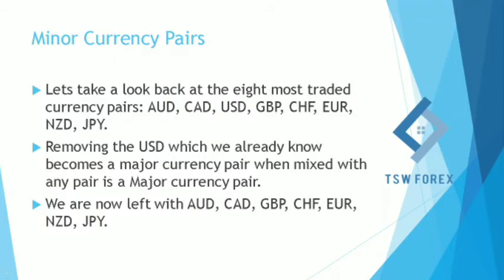Minor currency pairs. Let's look back at the 8 most traded currencies. We have the Australian dollar, Canadian dollar, US dollar, British pound, Swiss franc, euro, New Zealand dollar, and Japanese yen. Removing the US dollar, which we already know makes the major pairs when mixed with the other 7, we're left with the Australian dollar, Canadian dollar, British pound, Swiss franc, euro, New Zealand dollar, and Japanese yen.